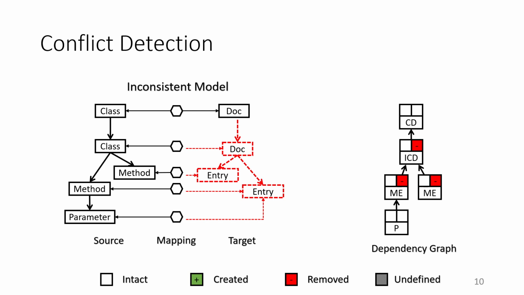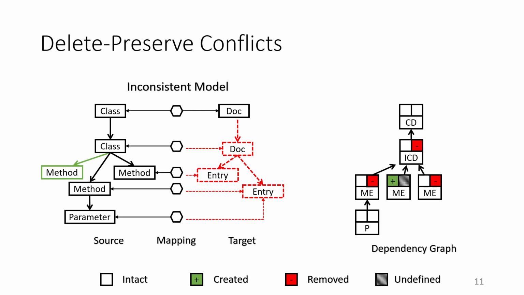And normally, we could simply synchronize this change by also deleting the subclass on the class diagram side together with its methods and parameters in order to restore consistency. However, another user also decides to alter the models, but on the class diagram side.